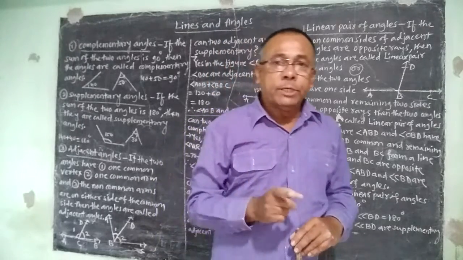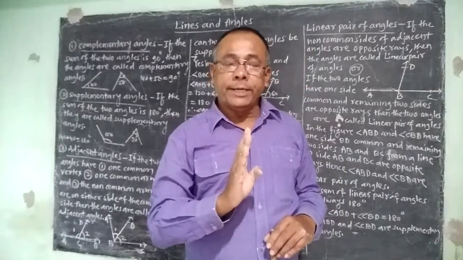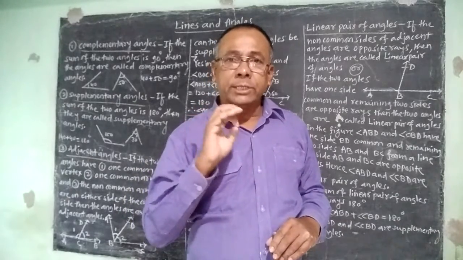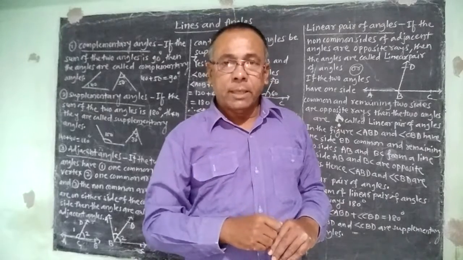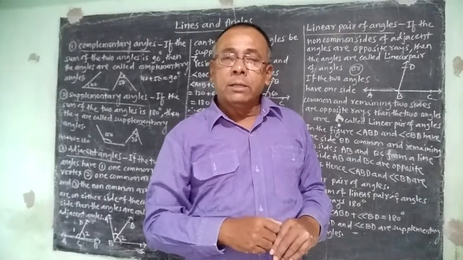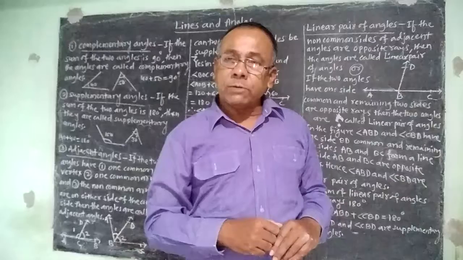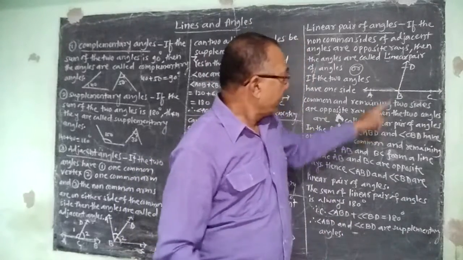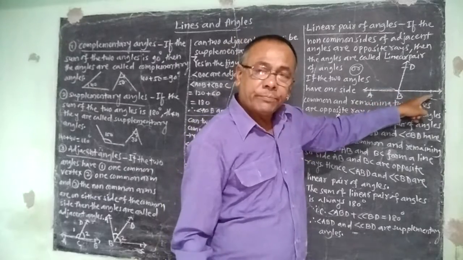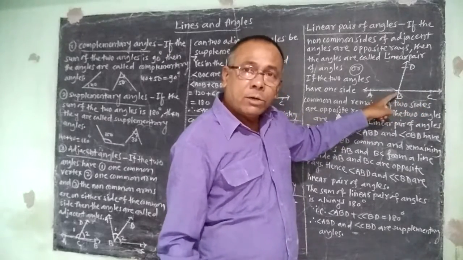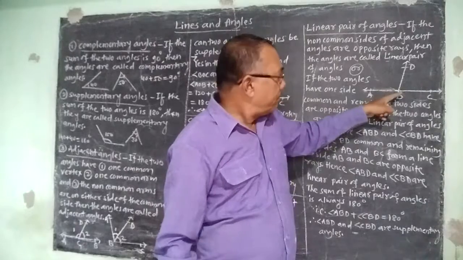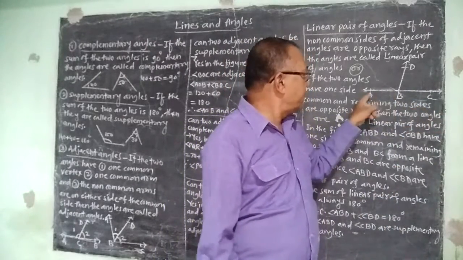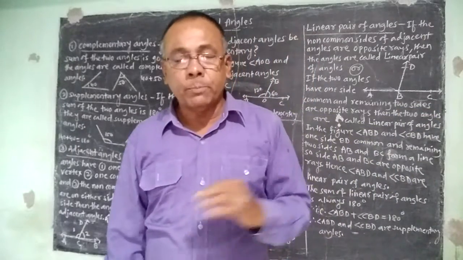We know that if two rays have a common initial point and form a line, then the two rays are called opposite rays. Here BA and BC have B as a common initial point and they form a line AC, and therefore BA and BC are opposite rays.